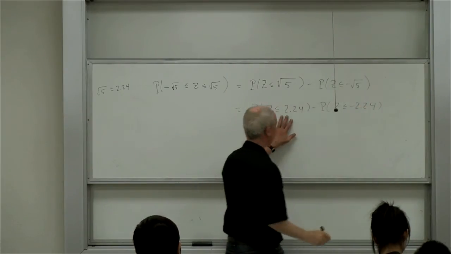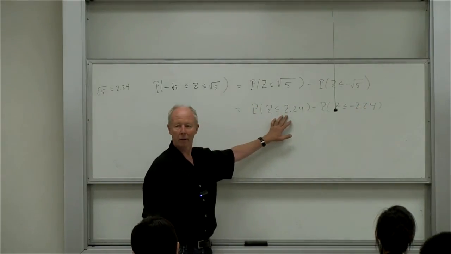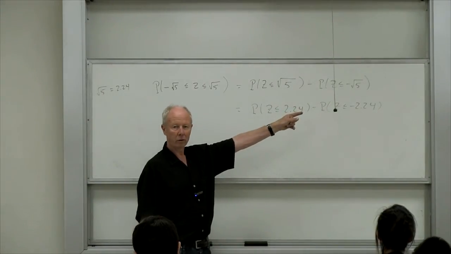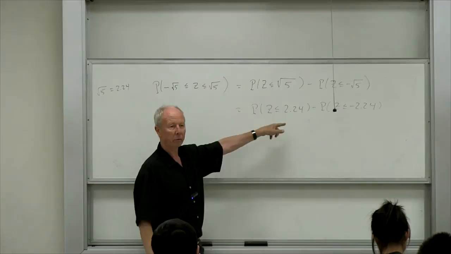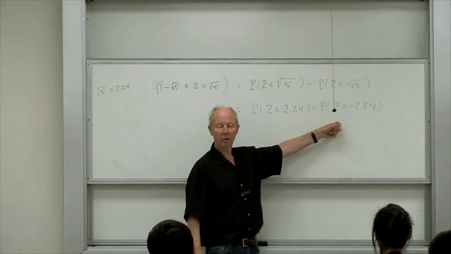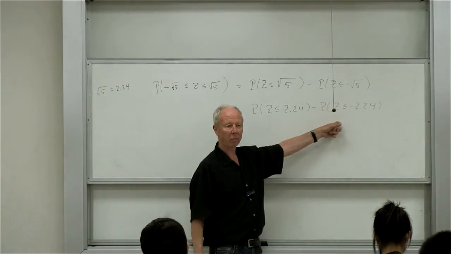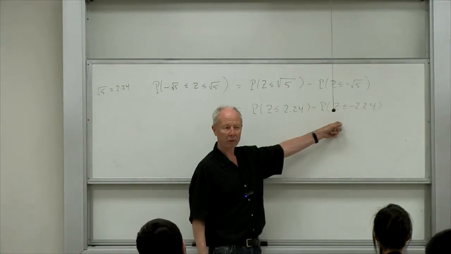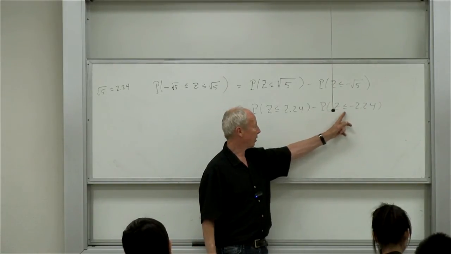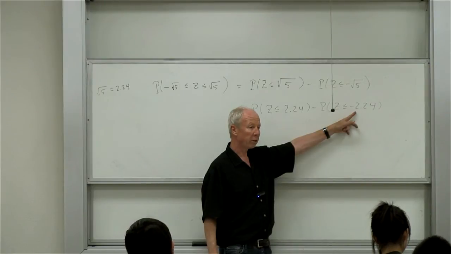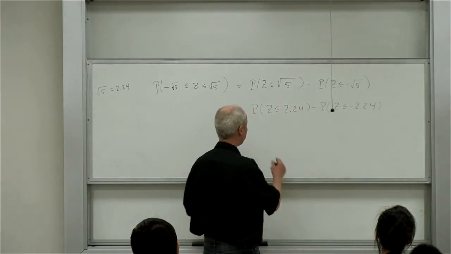Okay, now this we can look up. This one, no, because only things of this form are in the table. So we have to convert this into some expression that has probability Z less than or equal to something. So the first thing we do is we make it probability Z is bigger than or equal to plus 2.24 by the symmetry of the distribution.